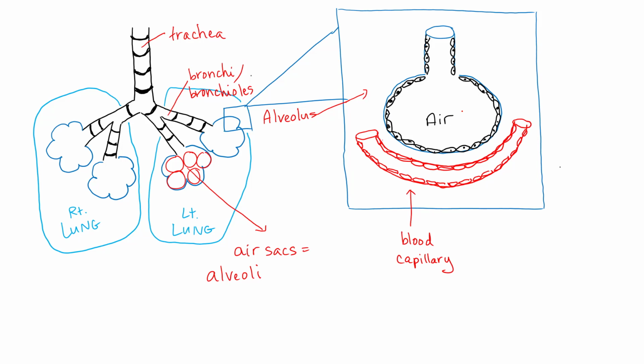This is a very important part of our body, because this is where gas exchange occurs. We breathe in oxygen, and that oxygen diffuses into the blood and gets picked up by red blood cells. It's also where we release our carbon dioxide waste product from the Krebs cycle. So we call this the spot of gas exchange.